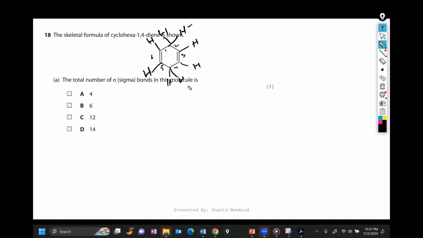So 7, 8, 9, 10, 11, 12, 13, 14. So there are a total of 14 hydrogen, there are 14 single bonds. Because the carbon-hydrogen bond is single, 6 single bonds are inside the ring, while 8 sigma bonds are outside the ring, and the total number of sigma bonds is 14.